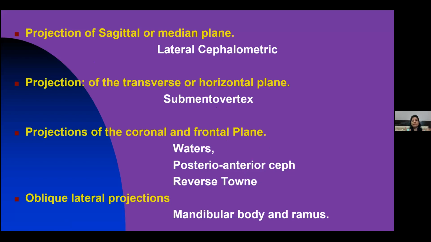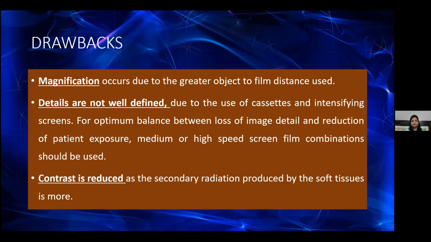Transverse is submental vertex. Other views are more or less coronal or frontal projections. Why have I discussed this? Because there was a question in which they asked submental vertex is what view projection. The options were transverse, sagittal, coronal. So you have to know that. Or they will ask which of the following is a posterior-anterior projection, which of the following is a lateral projection. So this you have to know.